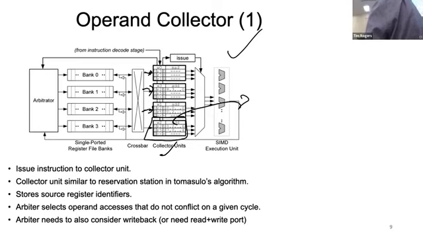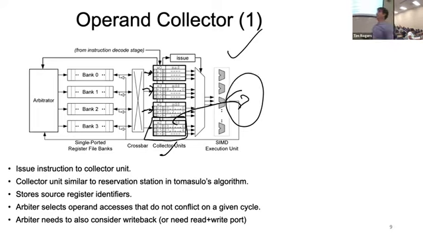Okay, good question. So waiting for writes is a separate issue, because the operand collector doesn't need to accumulate the writes, right? It's just for the read values. The writes are produced over here, and in this example it's just one bus.